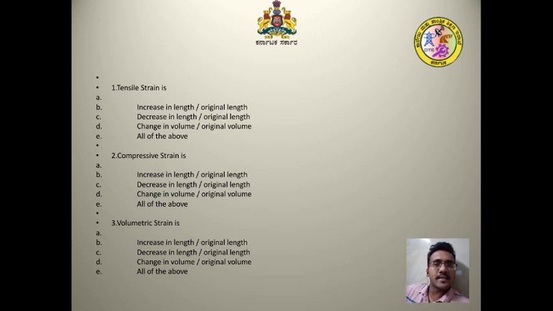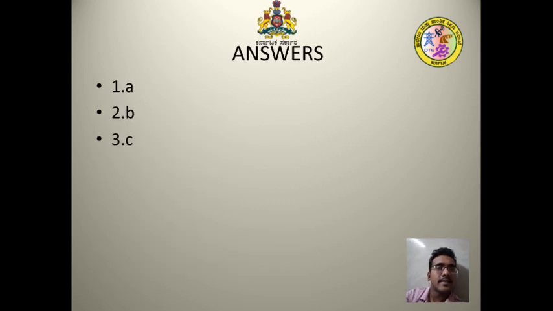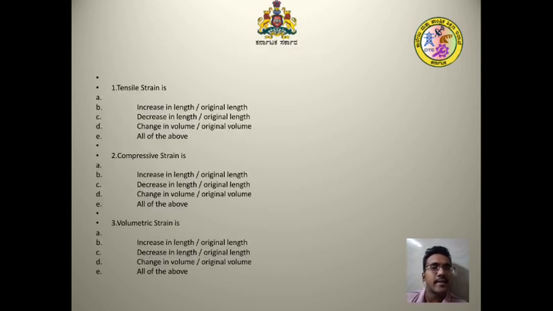Option A, increase in length by original length; option B, decrease in length by original length; option C, change in volume by original volume; option D, all of the above. Tensile strain is the increase in length by original length. The answer is A, that is the increase in length by original length.